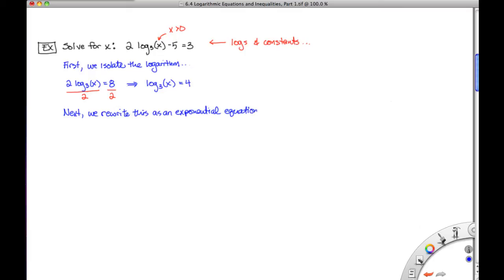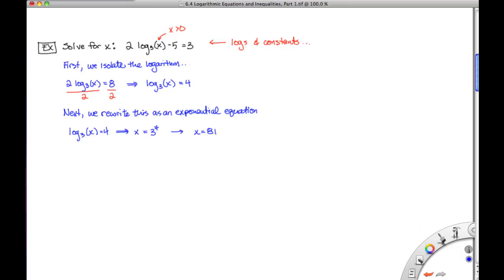So if we rewrite this as an exponential equation using property 1, we know that if the log base 3 of x is equal to 4, then x has to be equal to 3 raised to the power of 4. More specifically, x is going to have to be equal to 81. So that would be our solution for x.